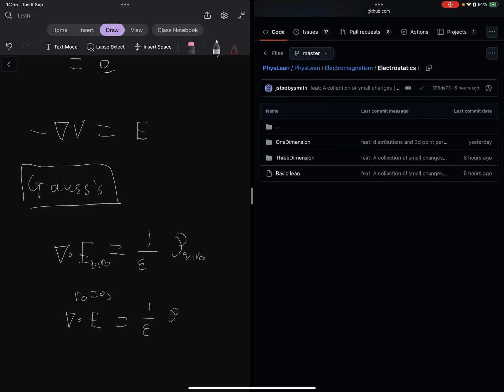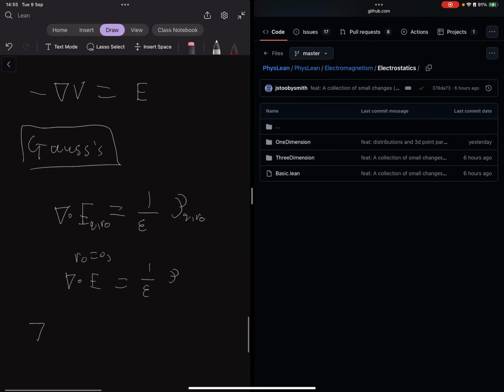And how do we show that? This is basically this sometimes confusing result that you sometimes see, that 4 pi epsilon over r cubed times r is equal to q, or missing a q, q over epsilon times the Dirac delta function.